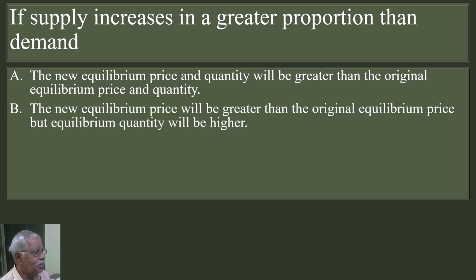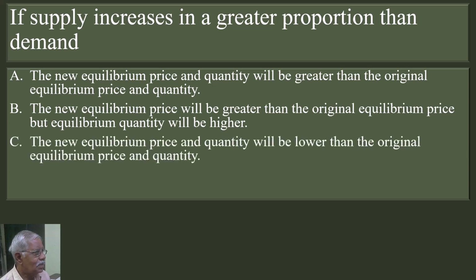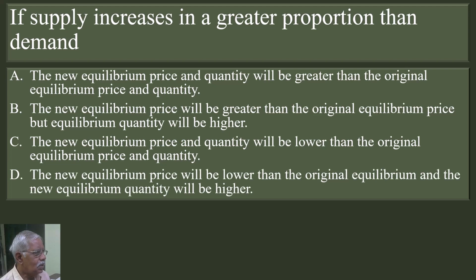B, the new equilibrium price will be greater than the original equilibrium price, but equilibrium quantity will be lower. C, the new equilibrium price and quantity will be lower than the original equilibrium price and quantity. D, the new equilibrium price will be lower than the original equilibrium, and the new equilibrium quantity will be higher. Well, these are the options. Option D is correct. But why?